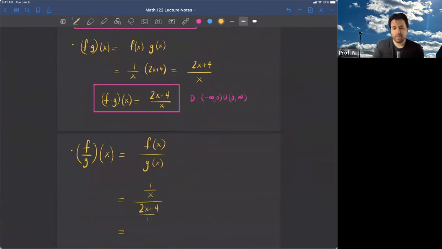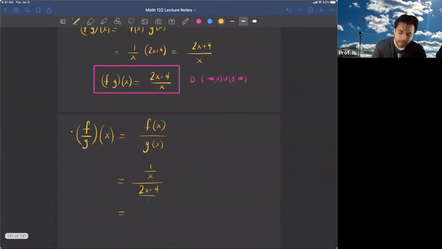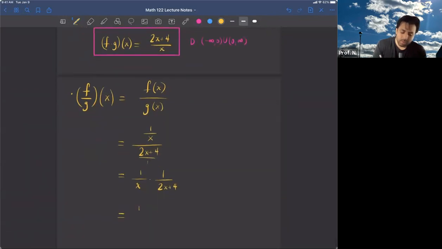You can write this over 1. And why do I write this over 1? Because when I divide by a fraction, I must multiply by the reciprocal. And so this is my function, 1 over x multiplied by 1 over 2x plus 4. This is my division.